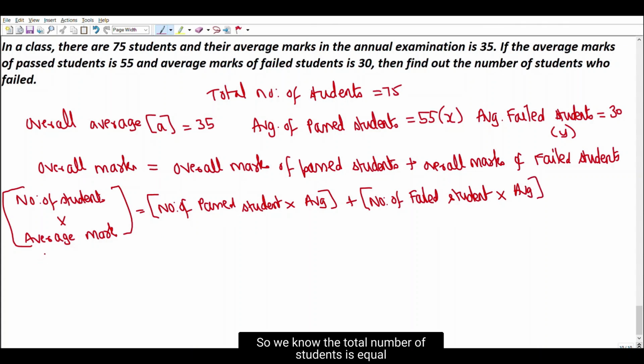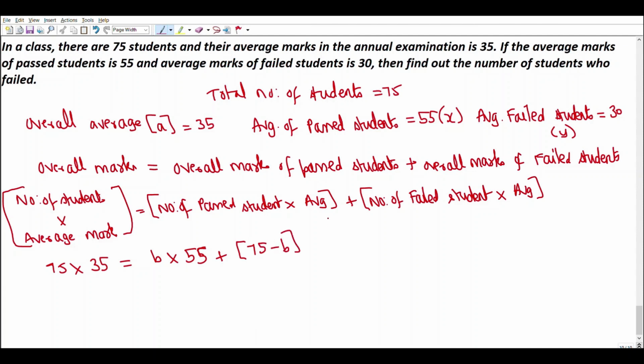So we know that total number of students is equal to 75 and average mark is equal to 35. This will be equal to number of passed students, we are assuming it as B, multiplied by average of passed students, which is 55, plus number of failed students, which is 75 minus B, multiplied by its average, that is 30.